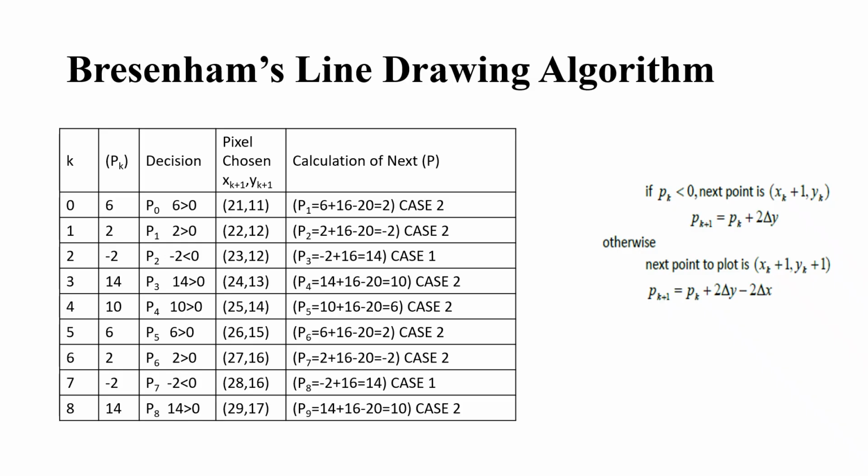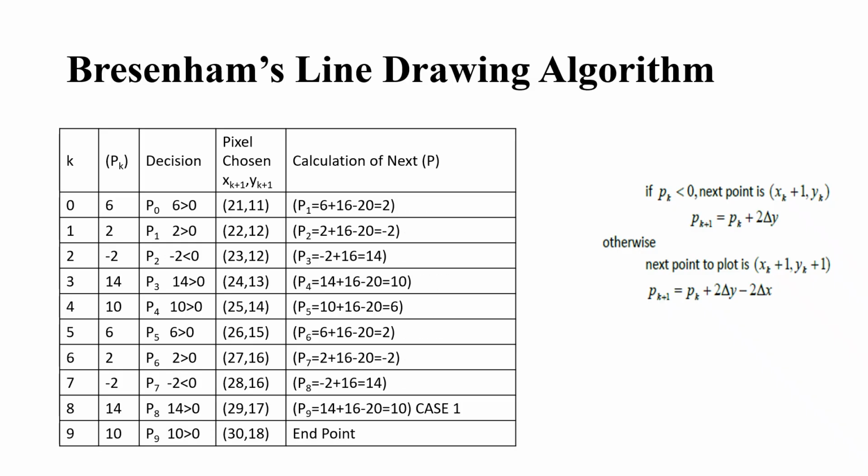X is incremented by 1, Y is incremented by 1, and the new pk value is given by this formula. The new value is 10. 10 is greater than 0. Therefore, the x value is incremented by 1, y value is incremented by 1, and we have reached the endpoint 30, 8.